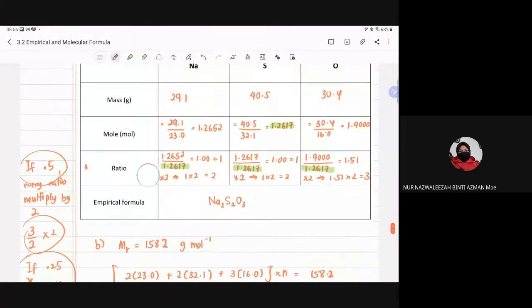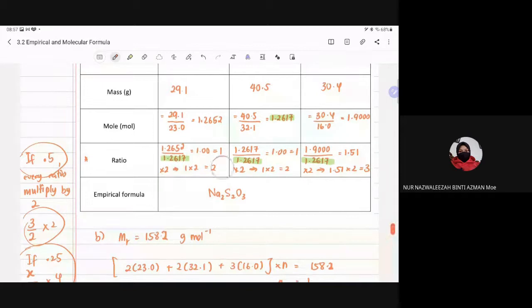Sekarang ni kalau kita kira ratio ni kan, kalau kita dapat apa-apa 0.5, semua nombor dekat sini kena darab 2. Kenapa kita kena darab 2 tu semua? Sebenarnya kan, ini nak dapatkan ratio ni, kita kena guna konsep highest common factor. Kita bahagikan highest common factor. Okay?